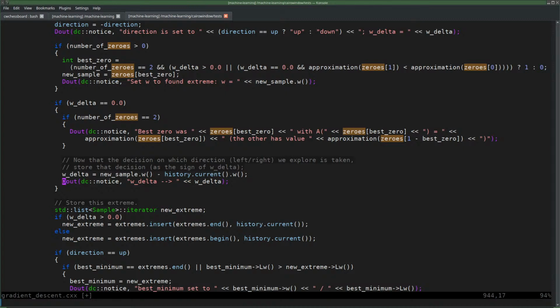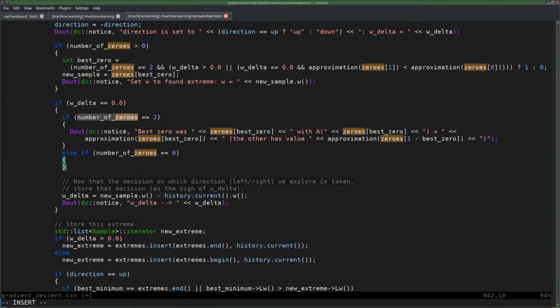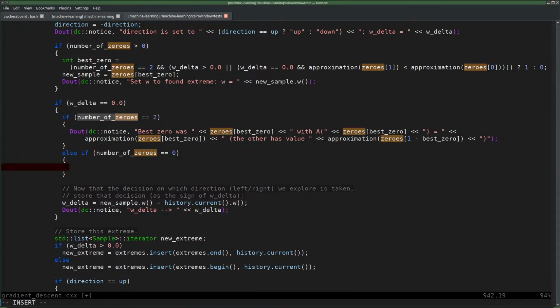Let's use the same. Okay, else if number of zeros equals 0, we still have to do something. No, we still have to set a new sample. Yep, so new sample is something. And that decision is made by just pure the scale, right?